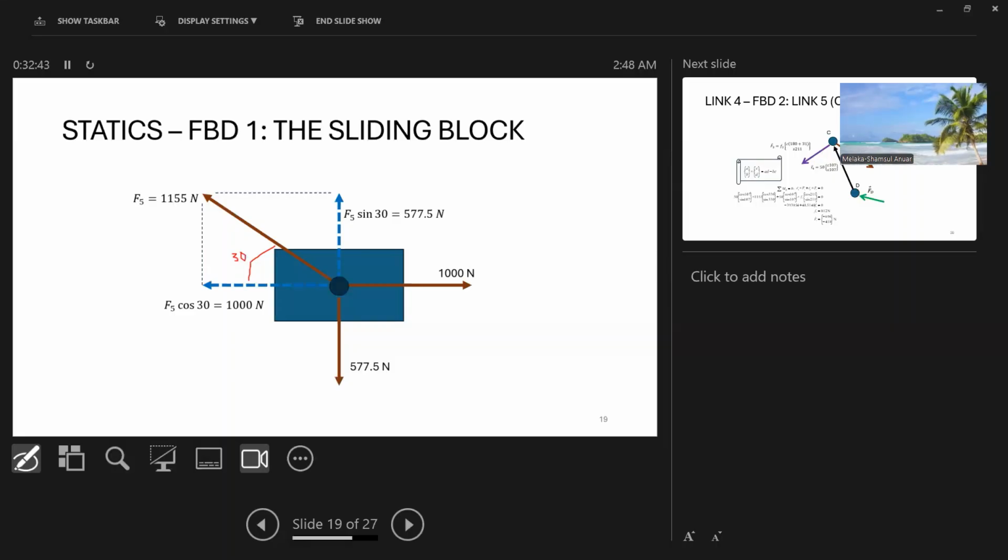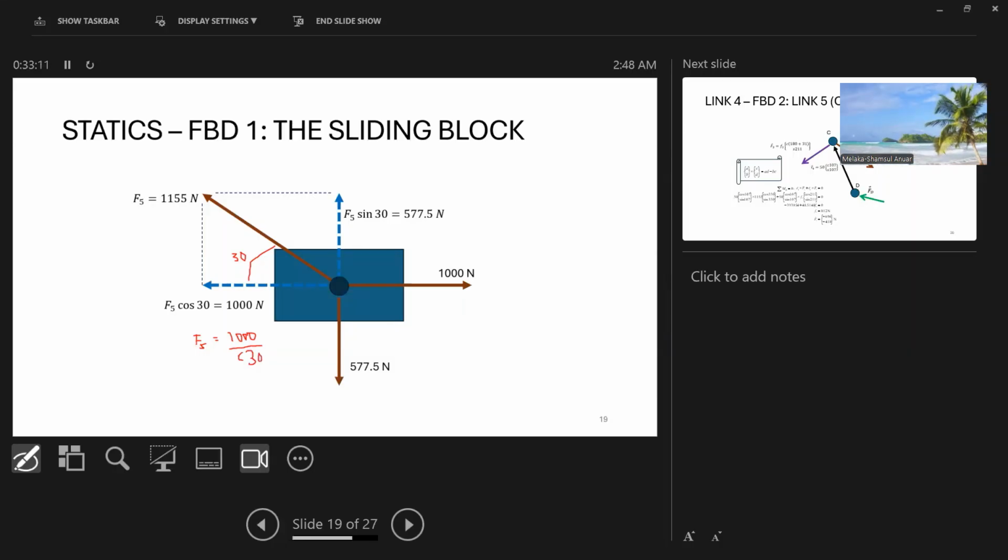So F5 is basically 1000 divided by cosine 30.